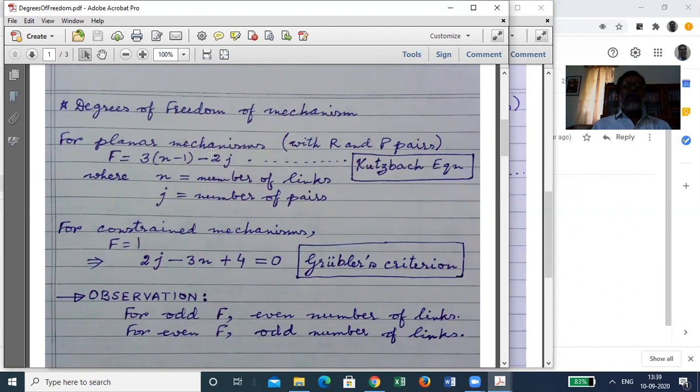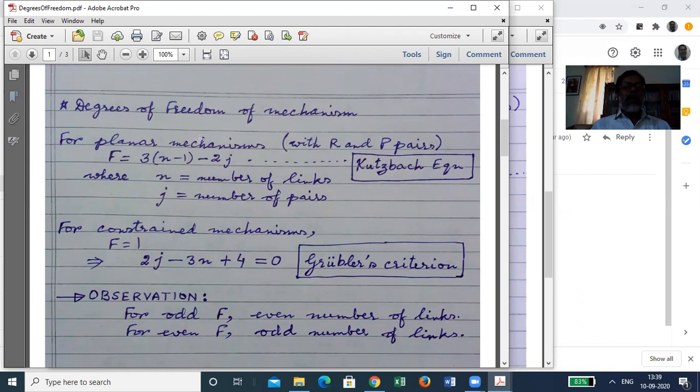So, for planar mechanisms, the famous equation giving the degrees of freedom, known as Kurzbach equation, actually talks about only lower pairs, and planar mechanisms have only revolute and prismatic pairs as lower pairs.